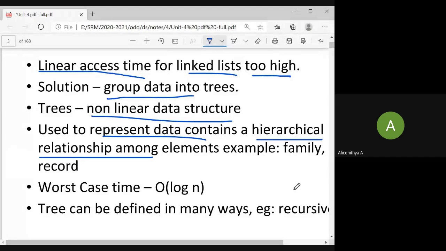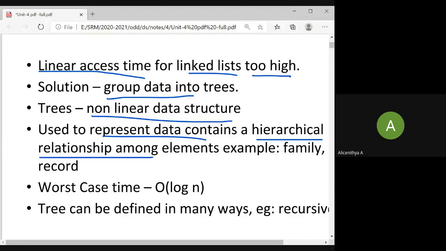Some of the examples we have already seen are the file systems on your computer, how the file systems are maintained. That is one example. Then any family structure. There will be a father and mother, and then I can have some kids.